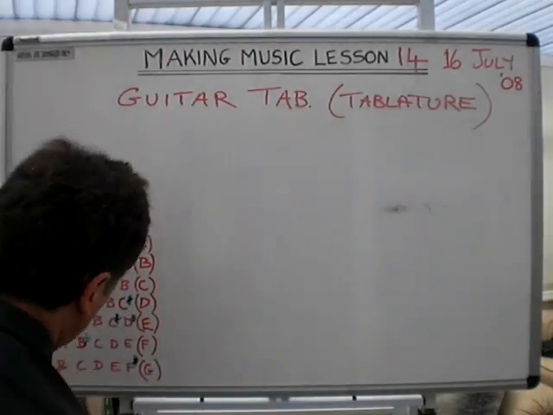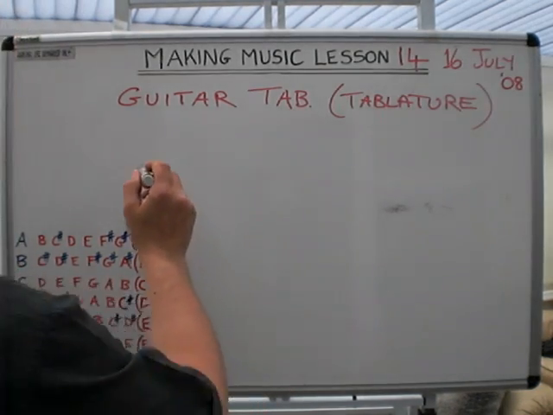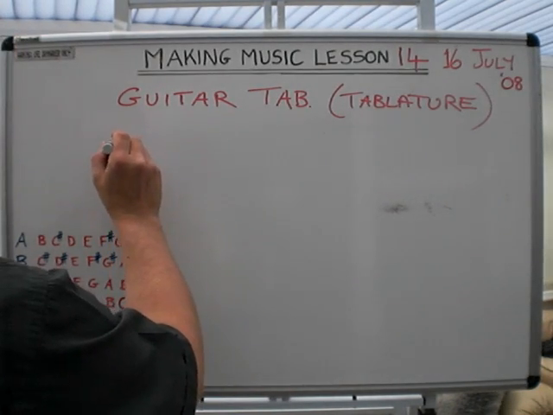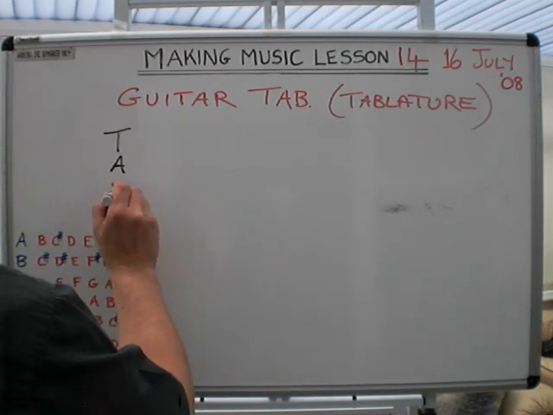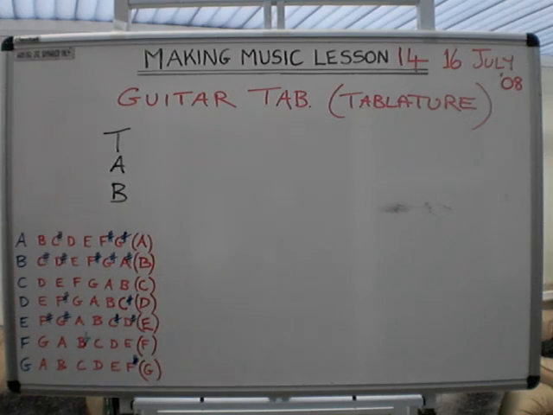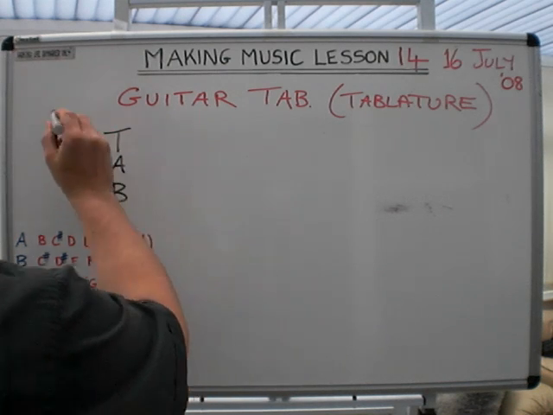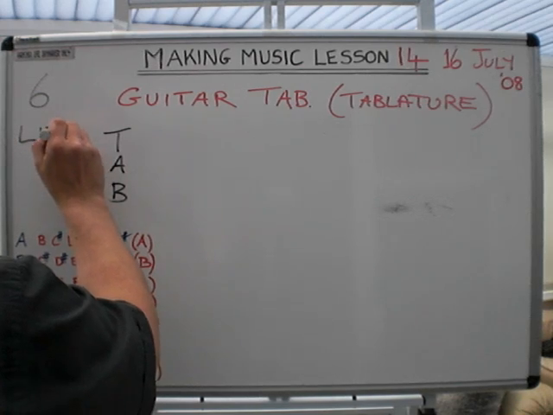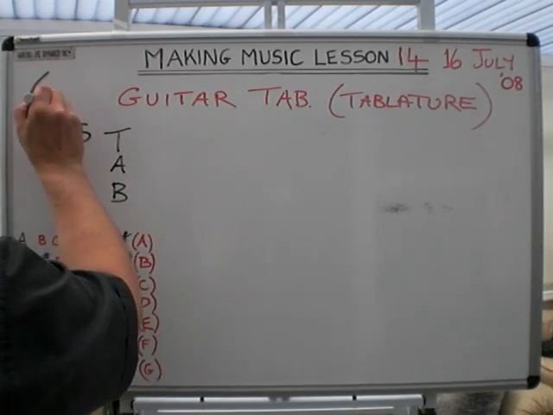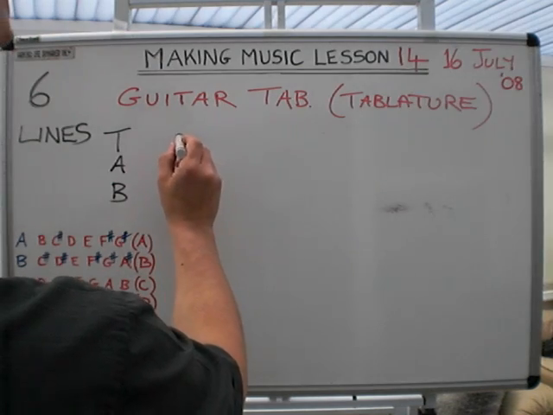Well, in order to know your guitar tablature, sometimes you'll see this. T, A, B, written vertically. And then you're going to have, remember, 6 lines, not 5, 6. Draw 6 lines in here.